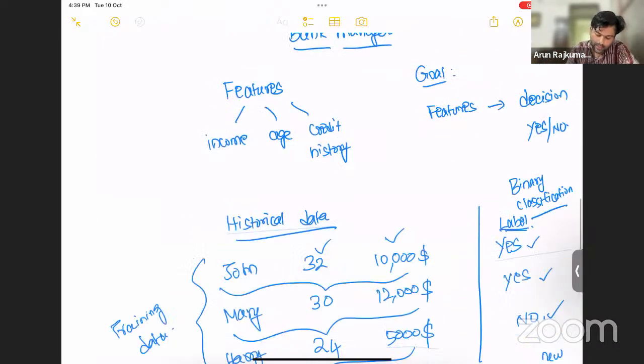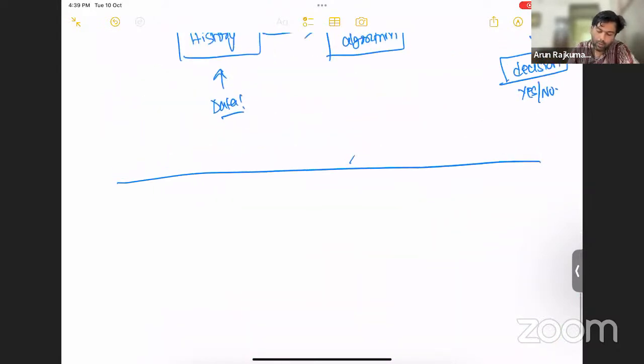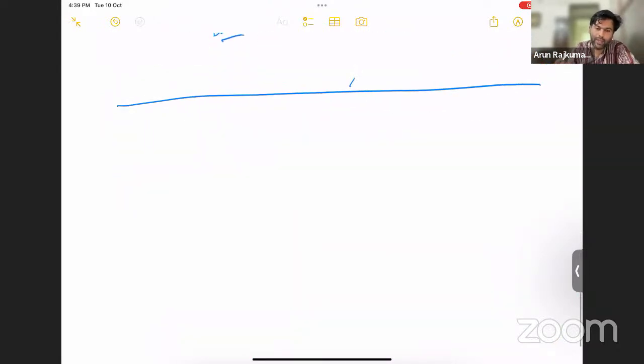So now what we are going to do is categorize different machine learning problems into different buckets, and then look at some examples of those, right? So I want to look at machine learning problems.